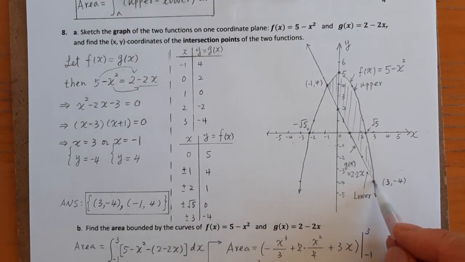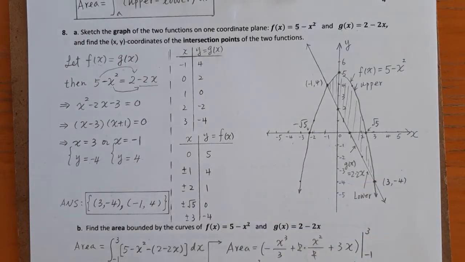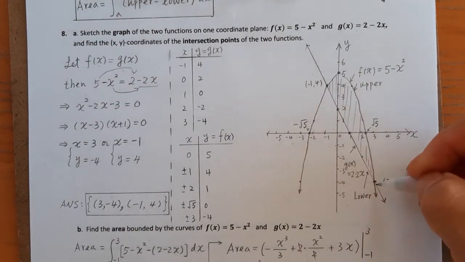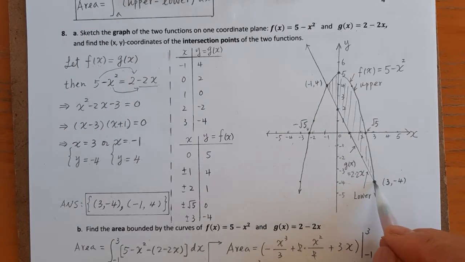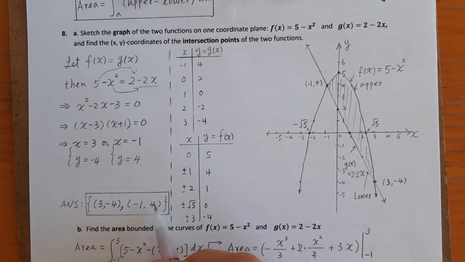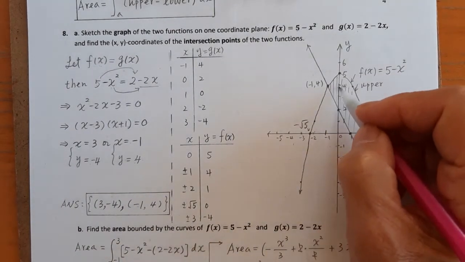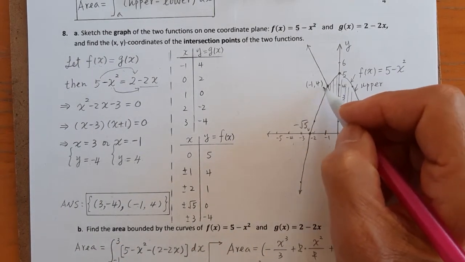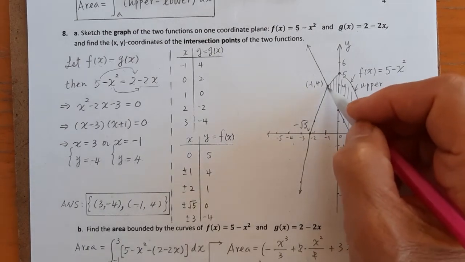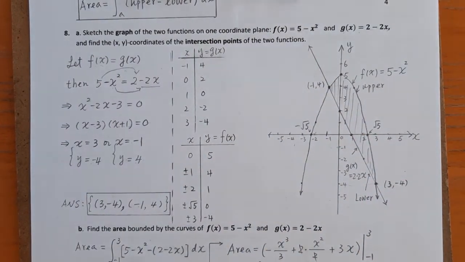Intersection point, this one. So get this point. Another one is -1, 4. X is -1, y is 4. Find this point. So the graphs intersect at the 2 points.